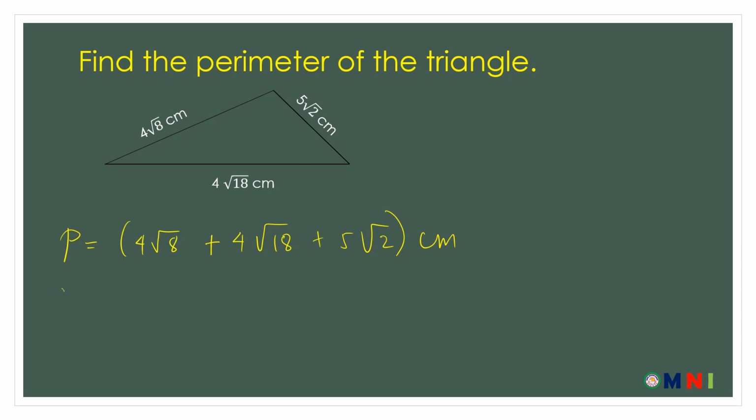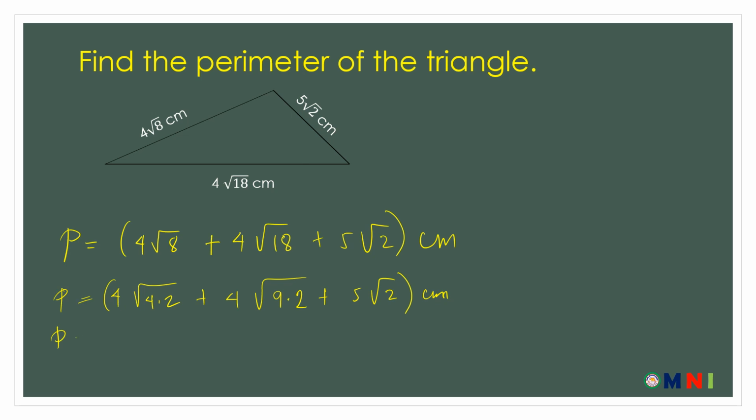And to do that, we have to change them first into similar radicals, and we can do that because we can write 4, and then for the square root of 8, that's actually 4 times 2. And then 18 also has a perfect square factor, which is 9, and then times 2, and of course as is.